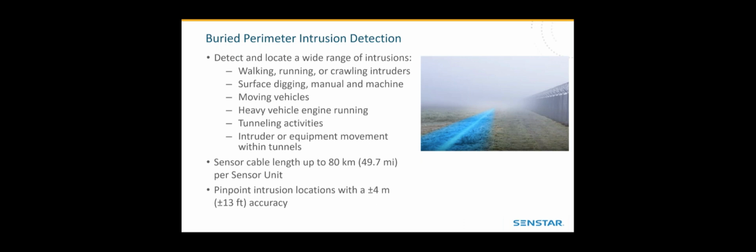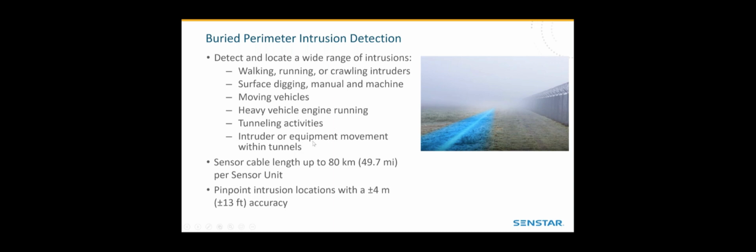Buried perimeter detection. When buried for perimeters, we can detect walking, running, crawling, nearby moving vehicles. We can detect heavy vehicles, simply the engine running. So, somebody coming up to the perimeter that shouldn't necessarily be there. We can detect tunneling activities, and the depth to which we can detect the tunneling activities can be augmented by burying that fiber cable deeper and deeper into the ground.